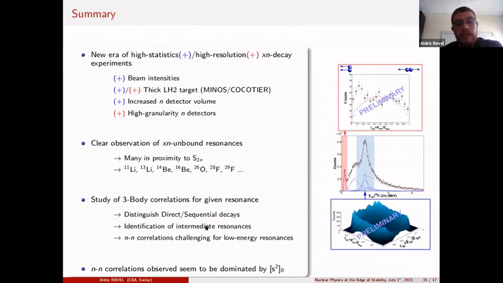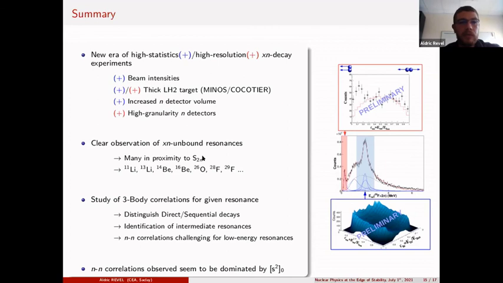Of course, we saw also that neutron-neutron correlations are very challenging for low energy resonances. But most of all, I think the very important point that I wanted to show today was that in the vast majority of cases, if not all cases, we see a similar kind of correlation, meaning systematically correlations that are displayed at low epsilon nn, which could show that we are dominated by S wave configuration.